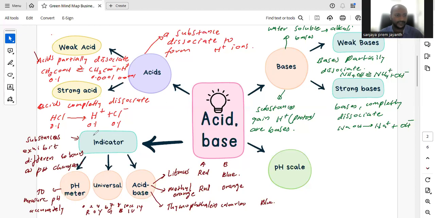Then we can consider the pH scale. In order to express the acidic or basic nature, we use the pH scale.